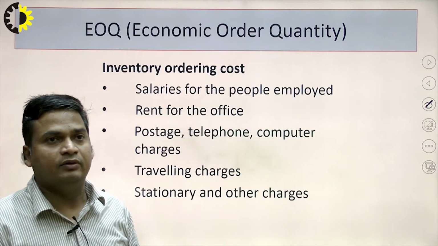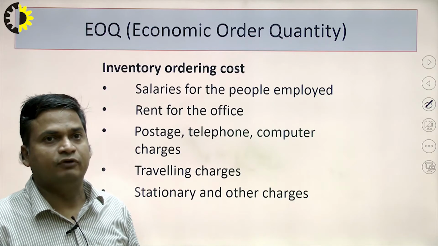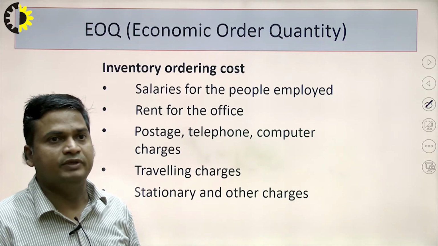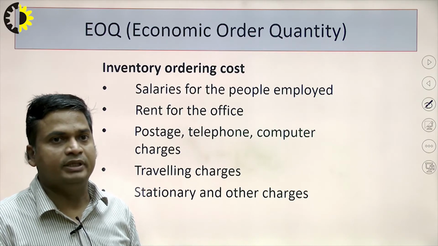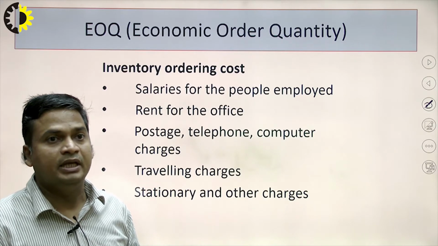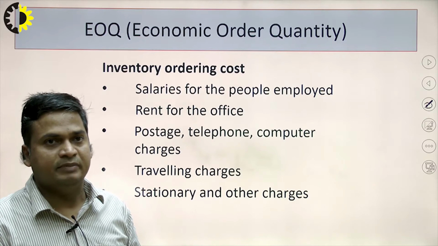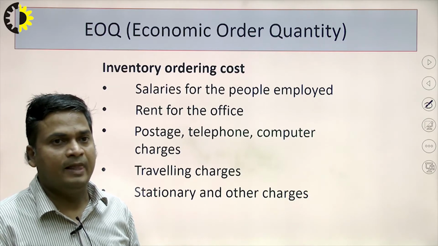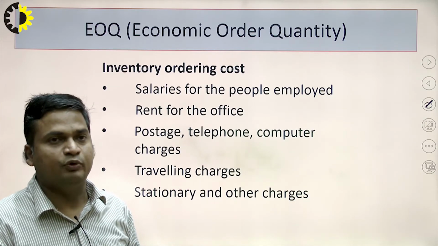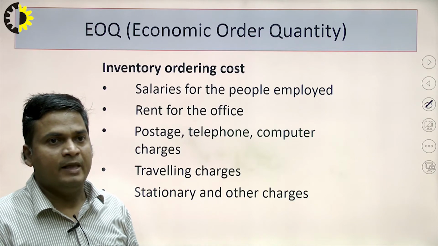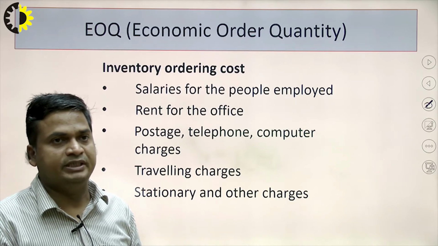Then ordering cost: salaries for the people employed, rent for the office, postage, telephone charges for communication, some computer charges for printing purchase orders, traveling charges, transportation of materials, stationery and other charges. So, these are the two types of cost.